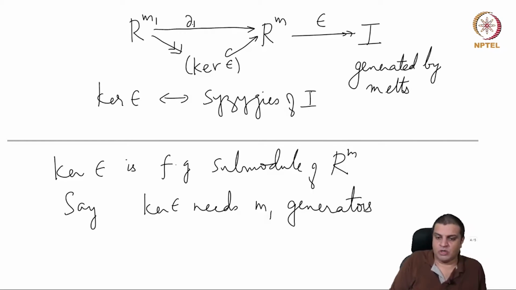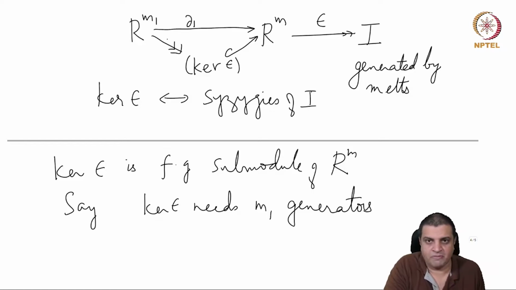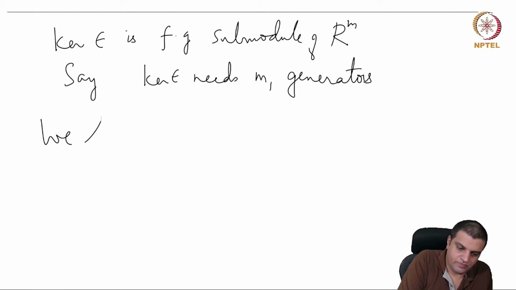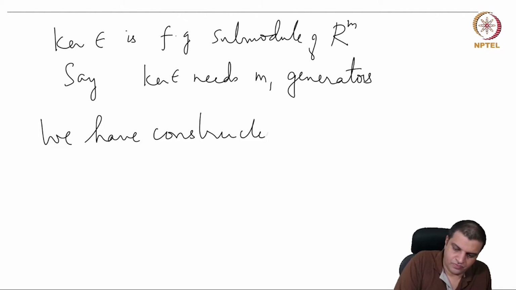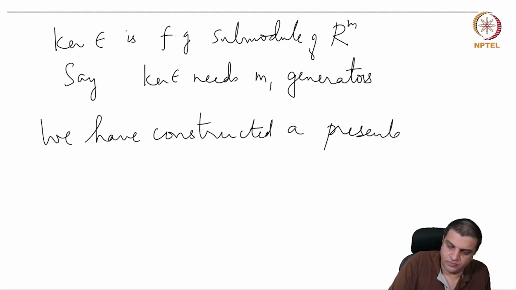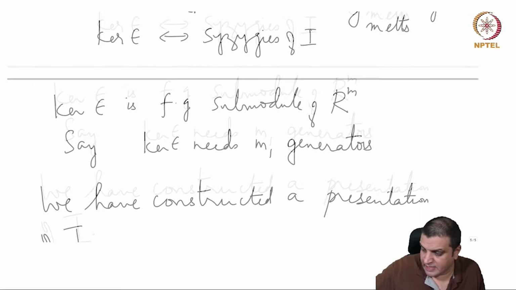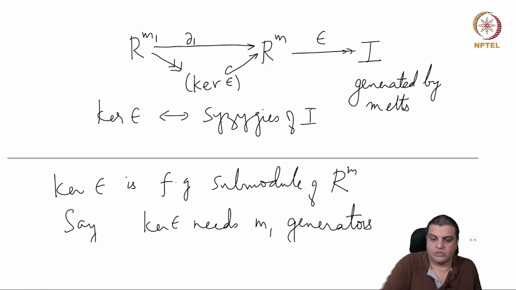So what have we done? We have constructed a presentation of I. We talked about finitely presented modules and all those things, so we have seen this earlier.